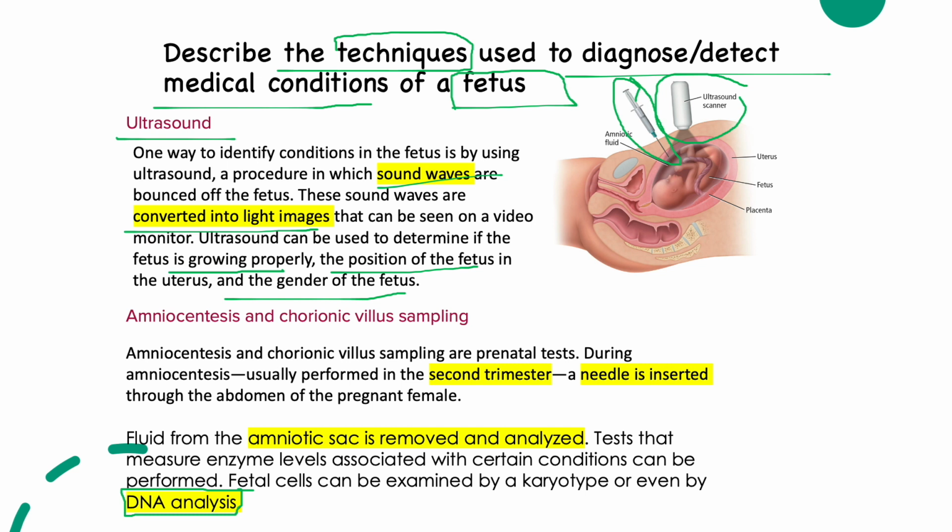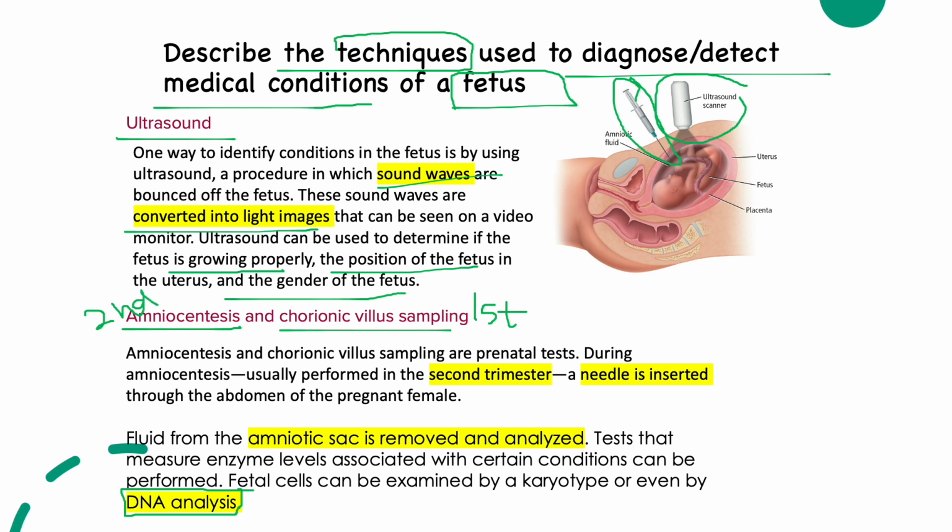But if we go to amniocentesis, this is mainly done in the second trimester, and CVS is mainly done in the first trimester. The CVS is done mainly in the first trimester, and amniocentesis is done mainly in the second trimester.